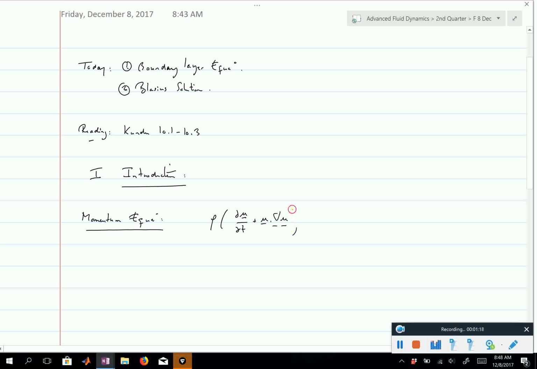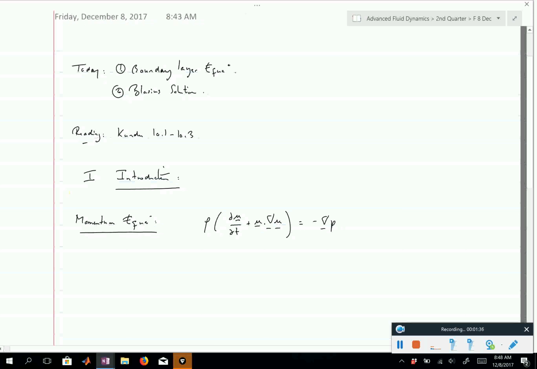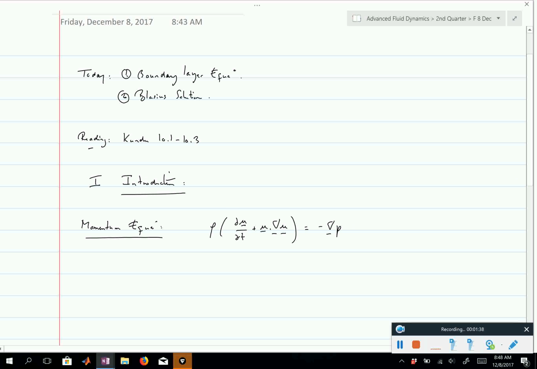Right, so two things when you see this equation. First of all, it's a statement of Newton's second law, and so remember this is a vector equation. Okay, you have several components. So the inertial term is equal to the sum of the external forces in the form of a pressure force and a viscous force.